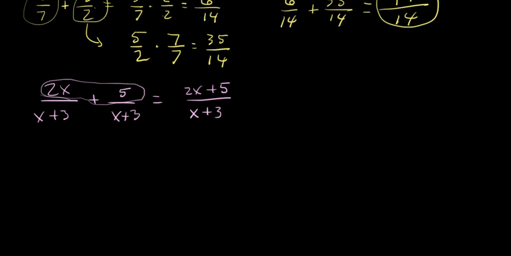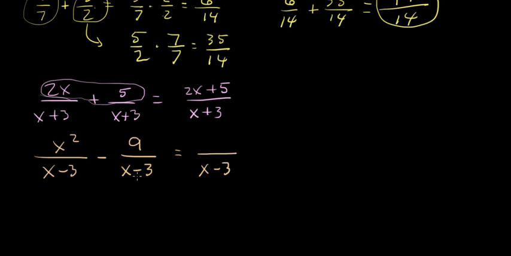How about one that's a little bit different? How about x squared over x minus 3 minus 9 over x minus 3? Once again, you see we have a common denominator. So we don't have to do anything fancy with our denominators. We don't have to multiply or anything like that.